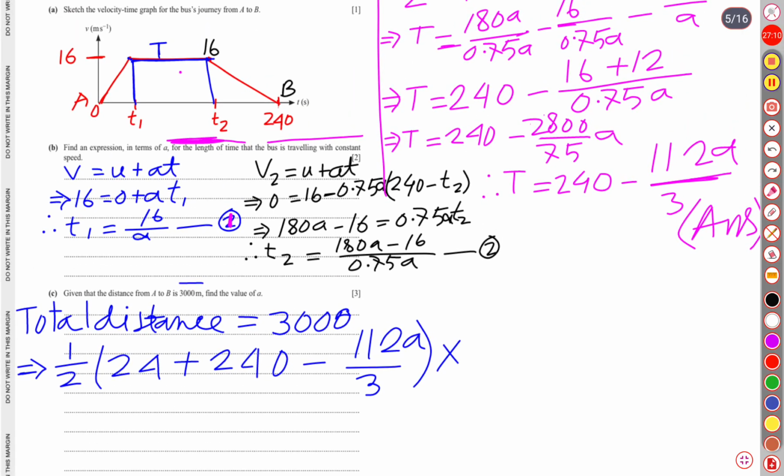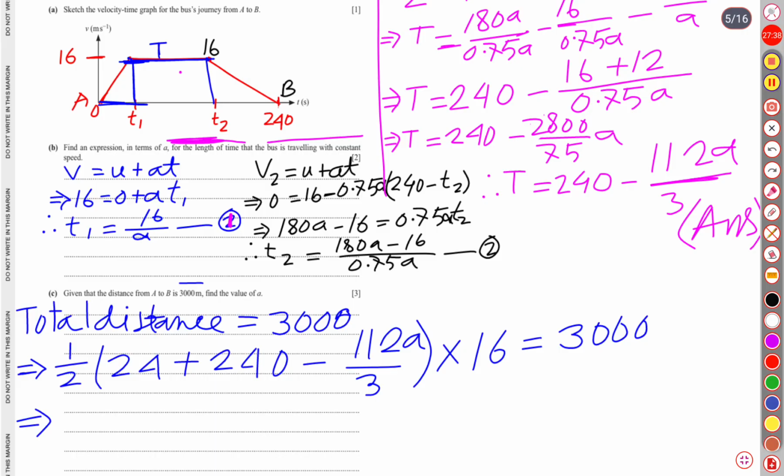What is the distance between this line and this line? It's nothing but 16, and our right side is 3000. If we divide 16 by 8, the 8 will go to the other side. On the left side there remains 24 plus 240.